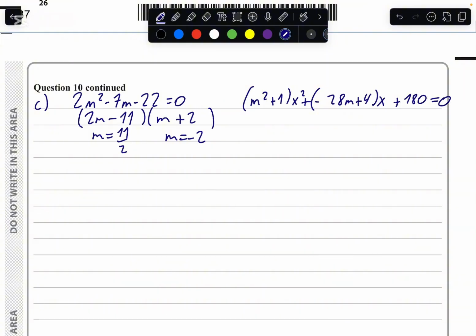we get 5x squared plus minus 28 times minus 2 is 56, plus 4 is 60, so it's 60x plus 180 equals 0.